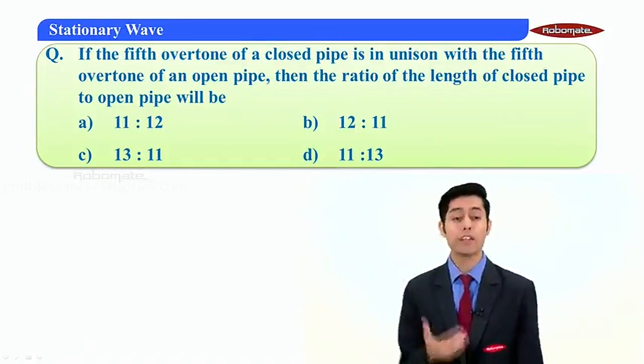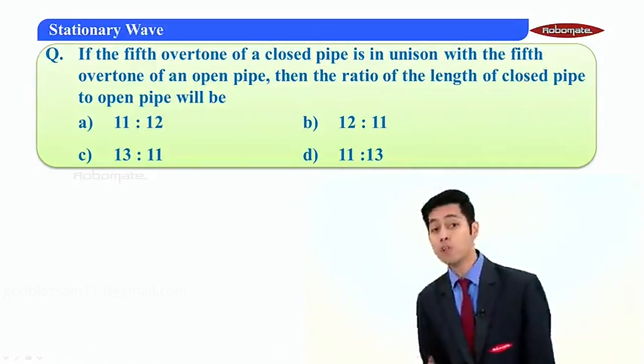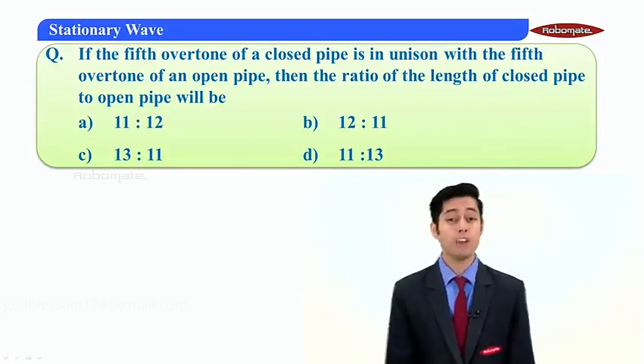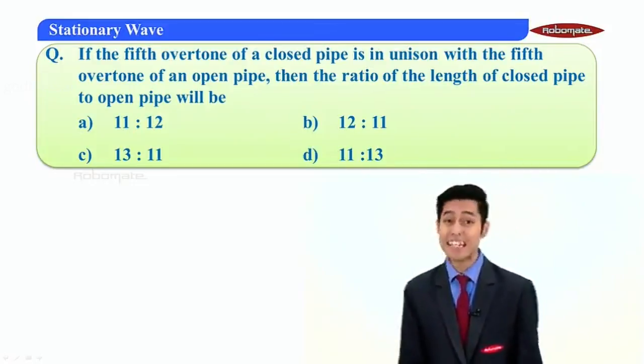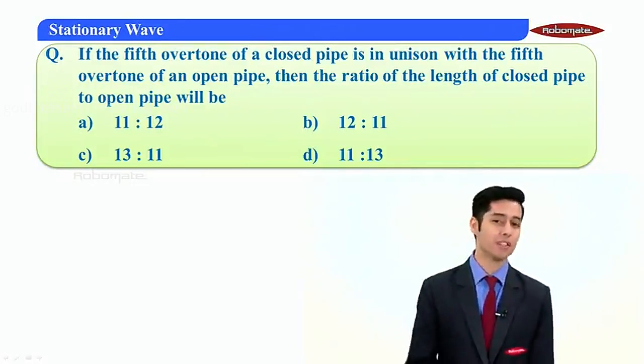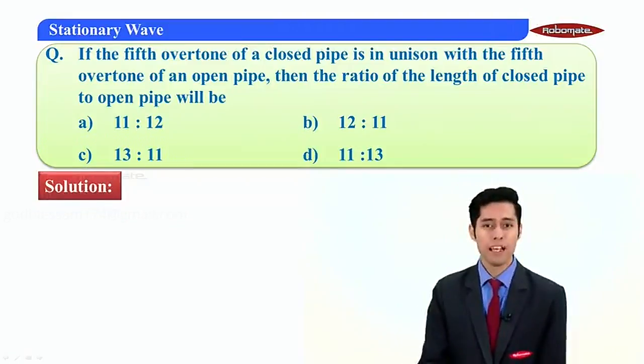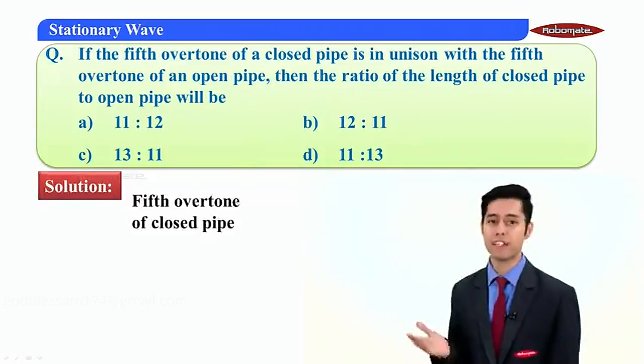So they need to find out the ratio of the length of the closed pipe to the open pipe. I see the options. The options are 11 is to 12, 12 is to 11, 13 is to 11 or 11 is to 13.